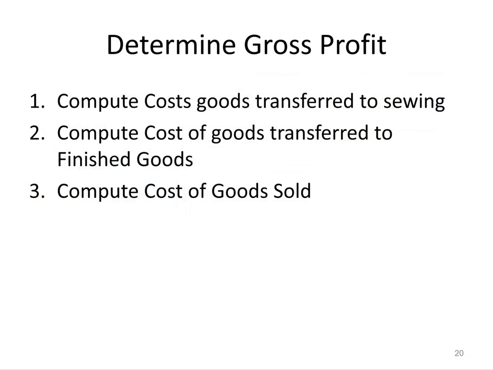Now we're going to go through and compute cost of goods transferred to sewing, cost of goods transferred to finished goods, and cost of goods sold. In order to find out cost of goods transferred to sewing and to finished goods, we need to back into it by looking at our T account balances.